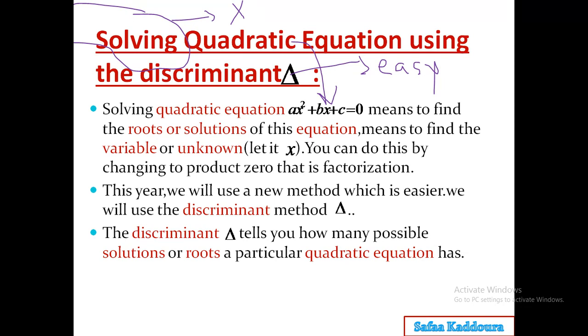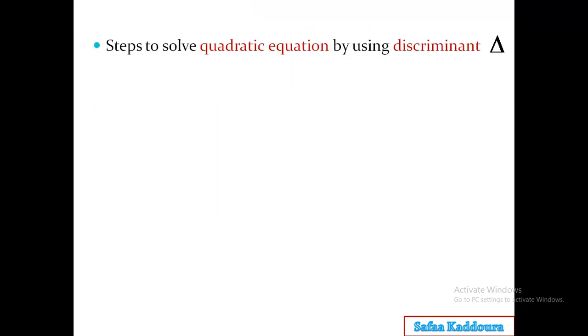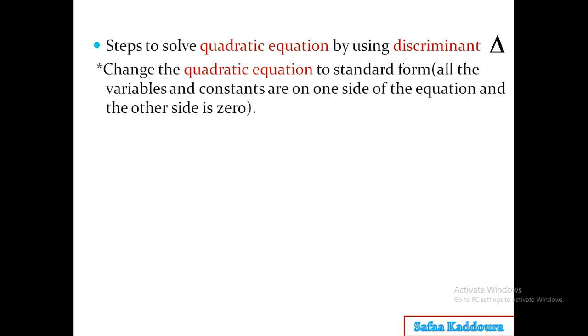Now we will explain how to solve the quadratic equation by using the discriminant delta. Delta tells you how many roots this quadratic equation has, and what the values of these roots are. Now we will take the steps to solve the quadratic equation by using the discriminant delta. It's a very easy way.